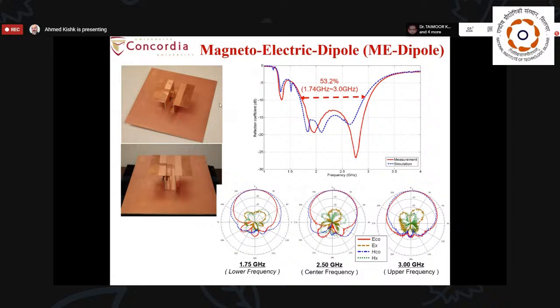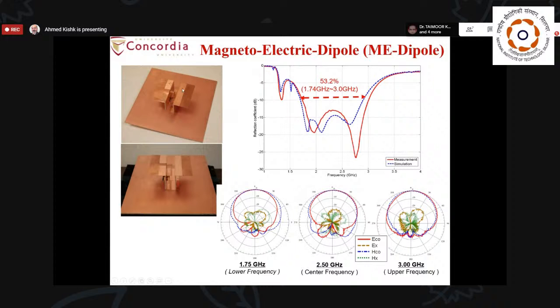Here you can see a magnetoelectric dipole made of an electric dipole and a magnetic dipole. Both have the same polarization. If it is horizontal polarization, both of them are horizontally polarized, or vertically polarized, both of them are. So how can we create it?